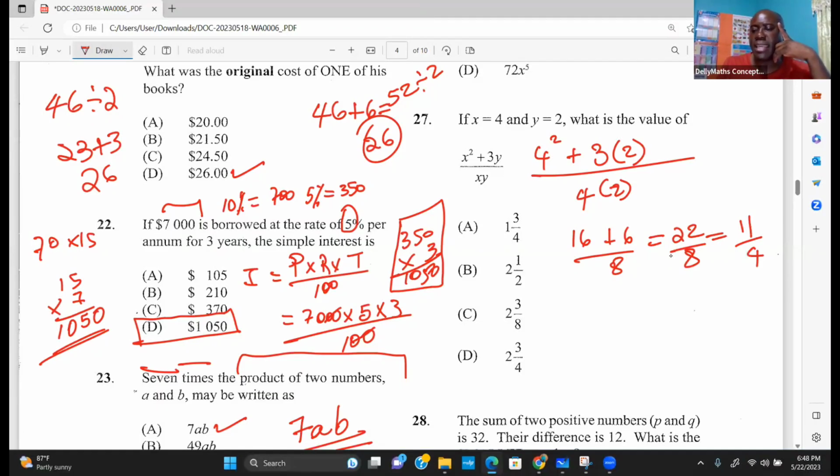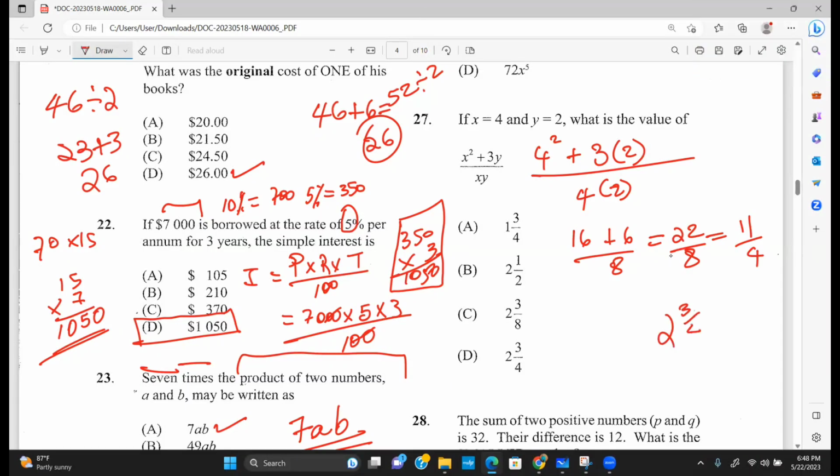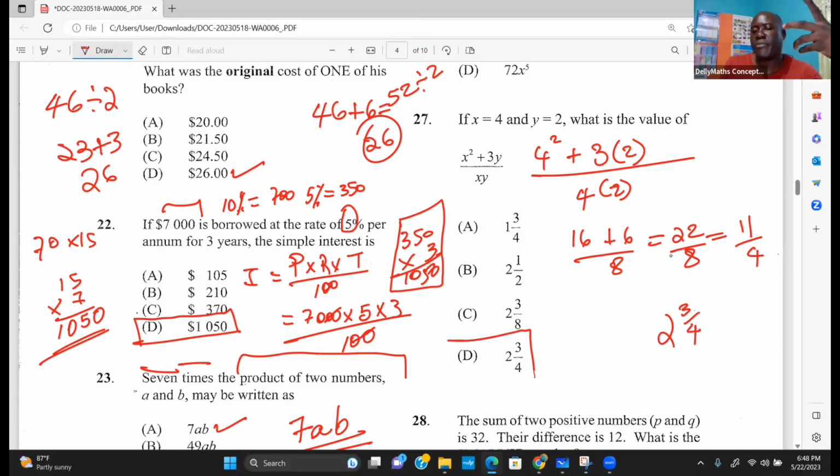And if you don't see that, you say 4 into 11 is 2 times with remainder 3 over 4. And then you look, you say, oh, finally.